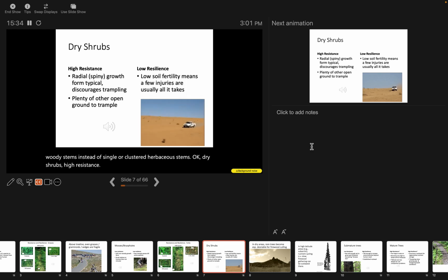If you've ever been walking in the desert, you want to be wearing jeans or chaps or snake bite chaps, because there are so many things trying to stab you in the desert because they have to adapt to be very unpleasant to walk near. So they tend to be high resistance. That spiny growth, that yucca and agave, it looks like a big pincushion or a porcupine, sort of a growth form.